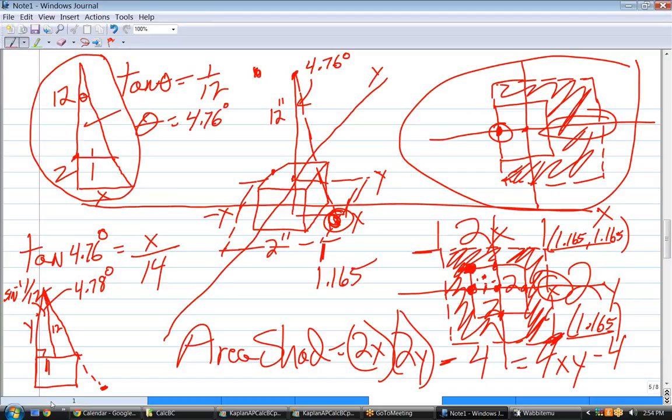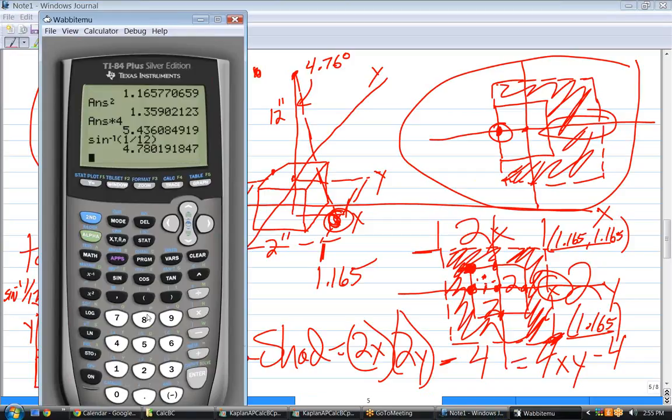So y, let's go ahead and get that. If the tan of 4.78 equals 1 over y, then y is 1 over the tan of 4.78.